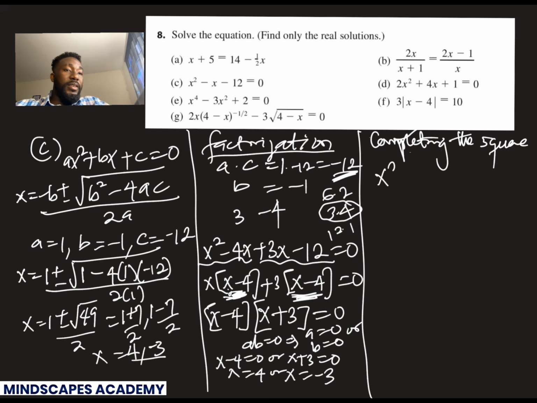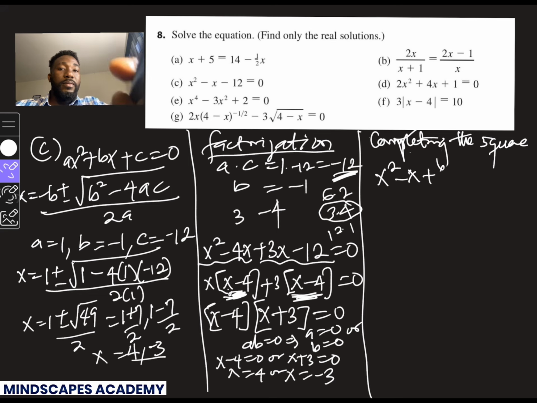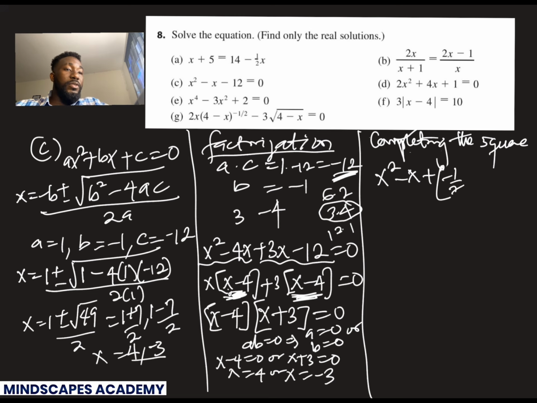So that is x squared minus x plus, remember the coefficient is negative 1, so half of it is negative 1 over 2, all squared, which is 1 over 4.